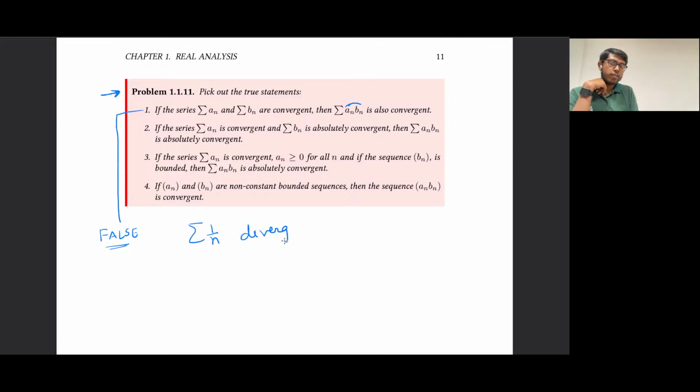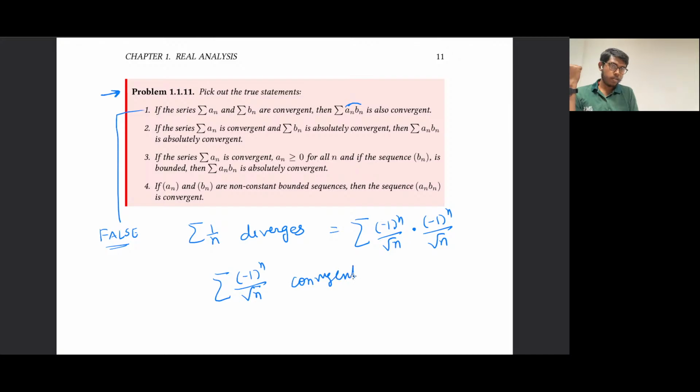So how can we write this? We can write it as minus 1 to the n by square root n times minus 1 to the n by square root n. We know that minus 1 to the n by square root n series is convergent, but the product series is divergent. So this option is false.